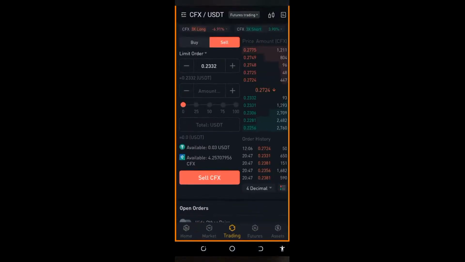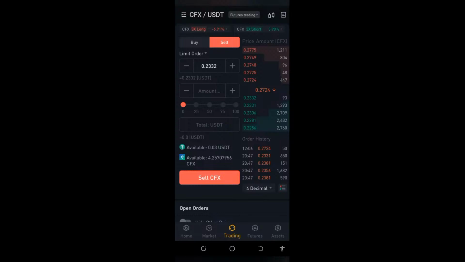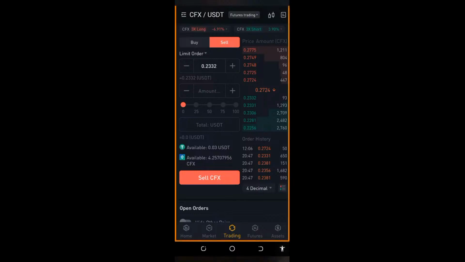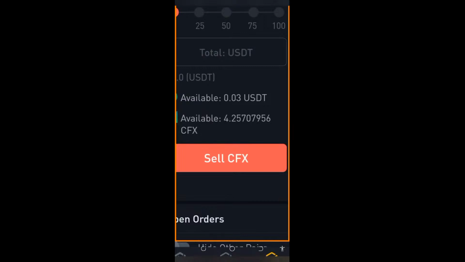All right. So next off, I want to check, because the truth of the matter is we've already seen that we can deposit it here, right? But I also want to check, don't forget, this is supposed to be $1 that we sent, right? $1 worth of CFX. So now we have 4.25 CFX.